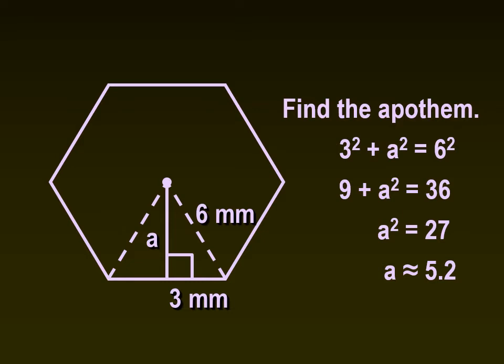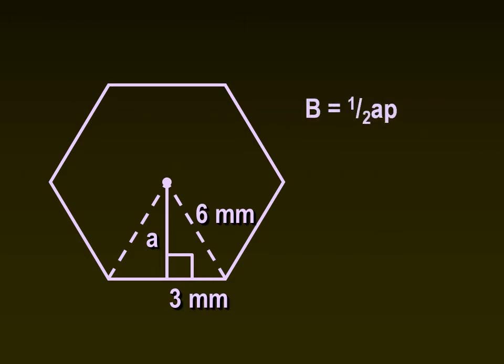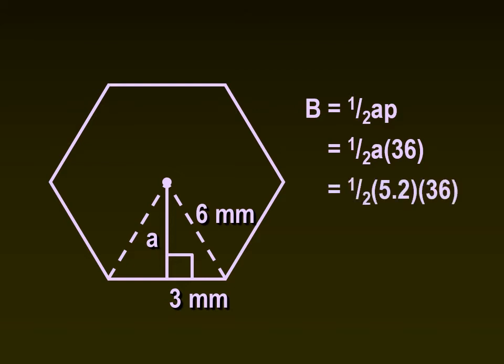All right, so the area of our base, which is a hexagon, is half of the apothem times the perimeter, right? So half of a, our perimeter is 36, because it was 6 and 6 sides, and our a was 5.2. So in the calculator, that gives us 93.6.